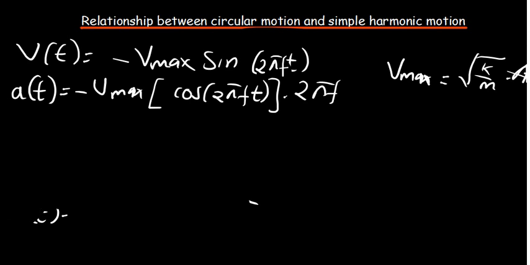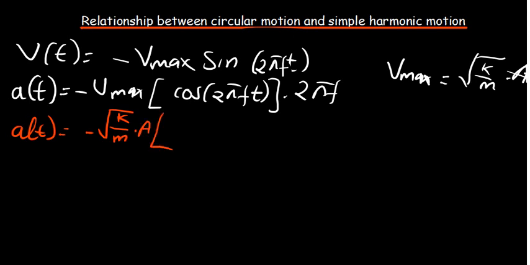Let's see what we're going to have. So V max I'm going to replace with that one, so I'm going to have negative the square root of k over m times A. Then the 2 pi f, we know that f is basically the frequency.